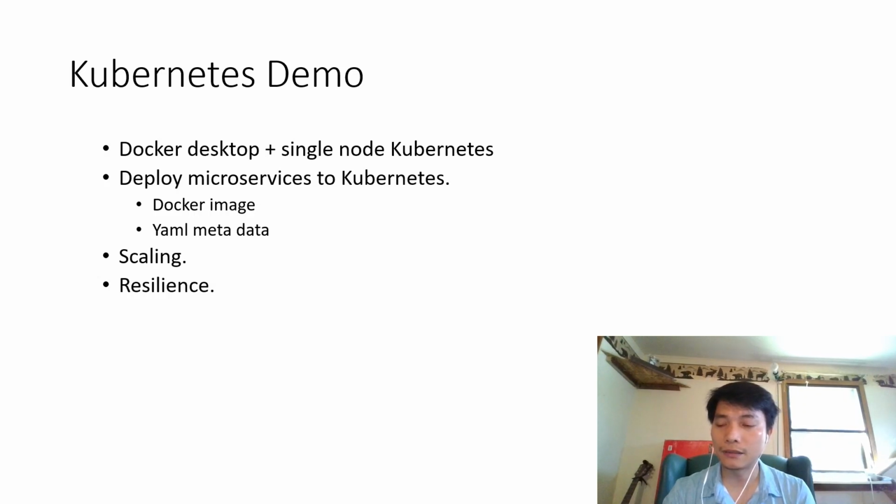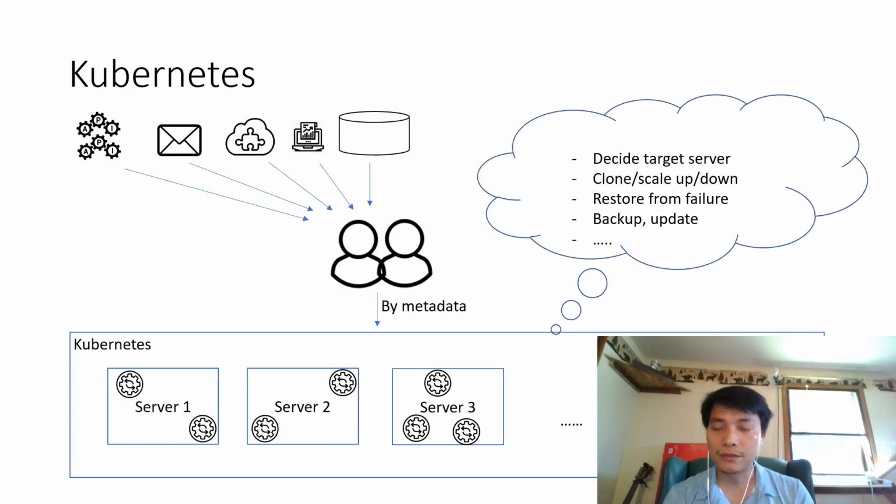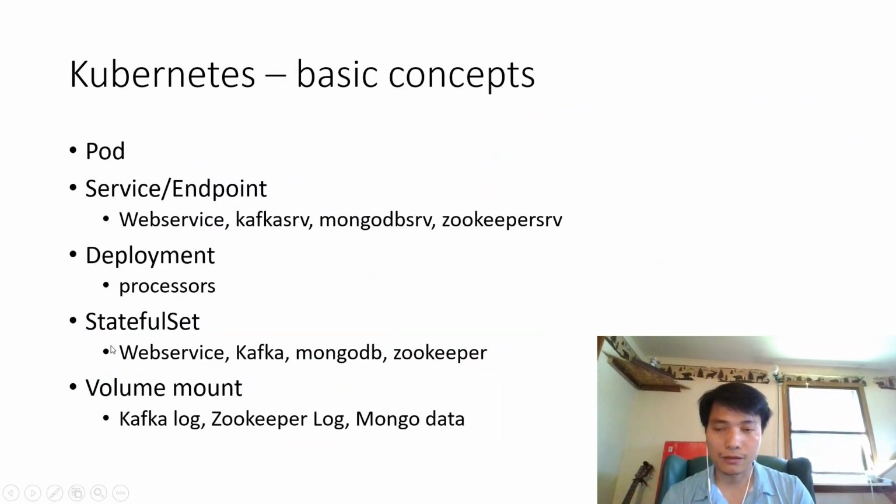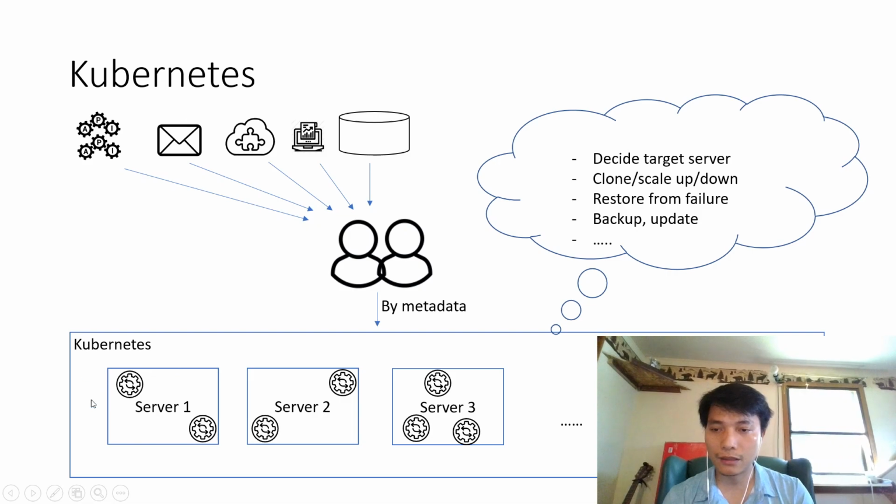Okay, now I will show you the Kubernetes system working. The demo is on a single Docker Desktop with a single-node Kubernetes, because Kubernetes nodes work under Kubernetes as a single system.